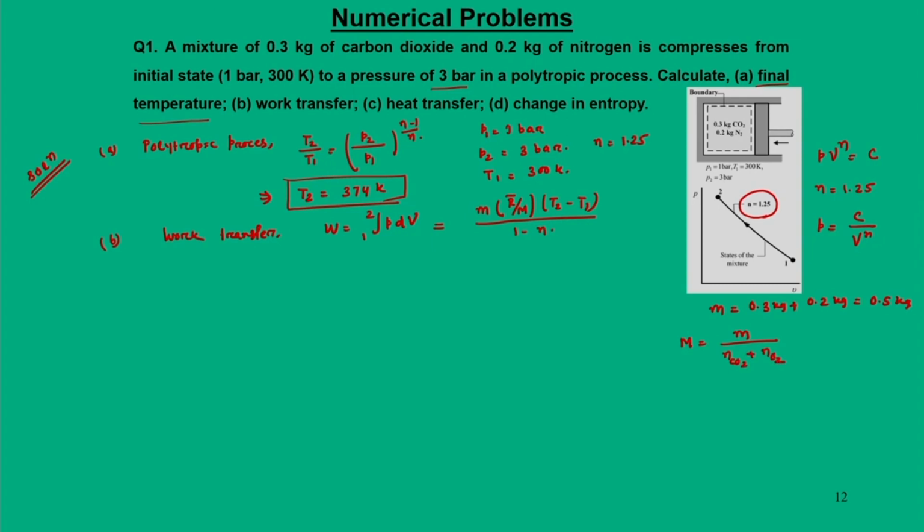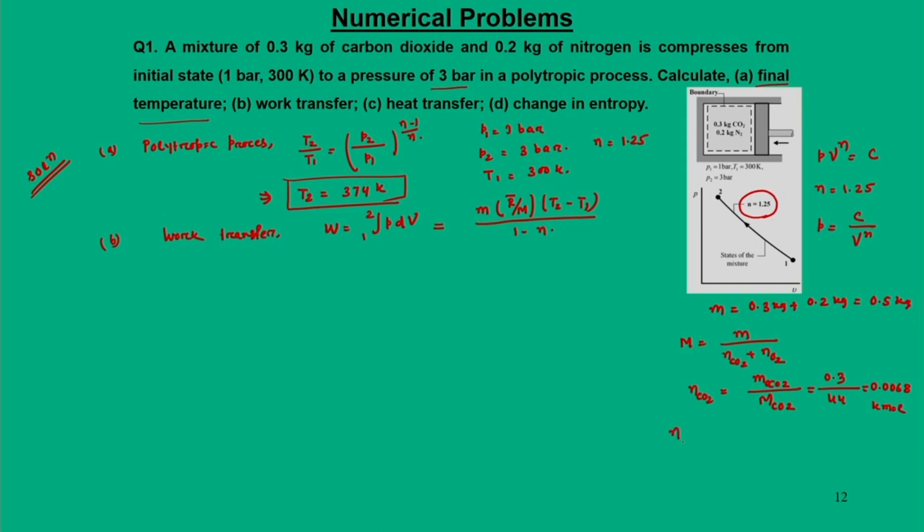What is N CO2? It is mass of CO2 divided by molecular weight of CO2. Mass of CO2 is 0.3 and molecular weight of CO2 is 44, and this number is 0.0068 kilomole.